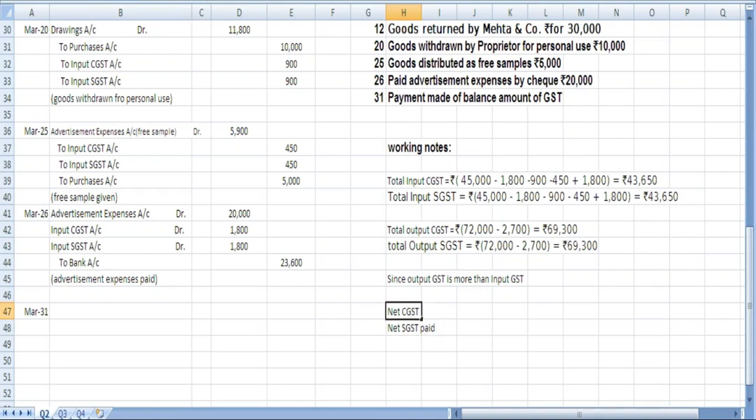So first we'll find out the net CGST. That will be your total output CGST minus your total input CGST. Okay, so this is the formula.